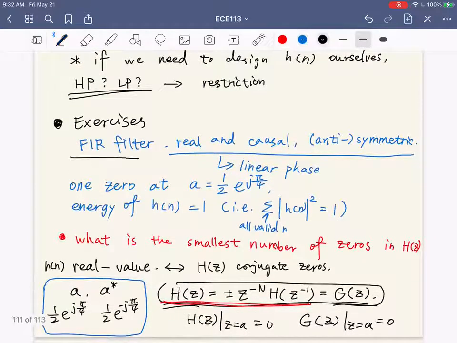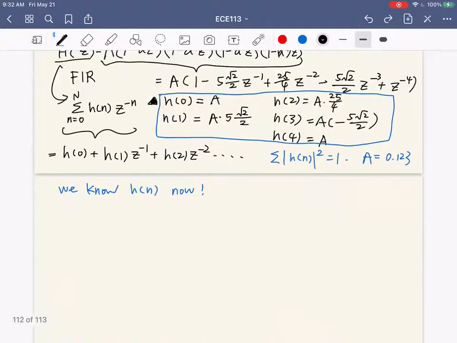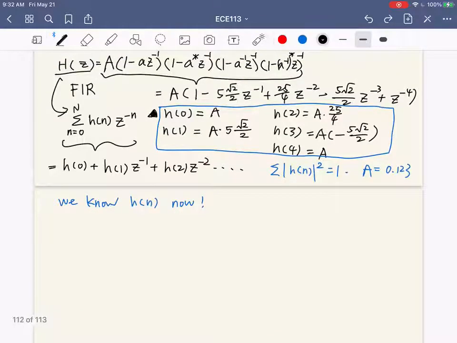At the beginning, we already know it is linear phase, right? Because it's symmetric or anti-symmetric, and it's a finite filter. Okay. And now, given the H of n, let's practice and verify this. Okay. So you see that A and the A are symmetric, right?